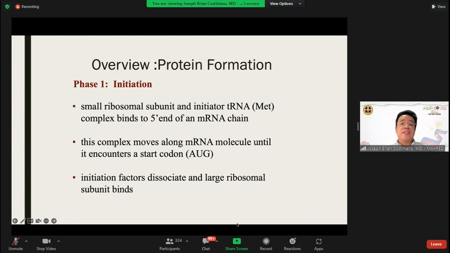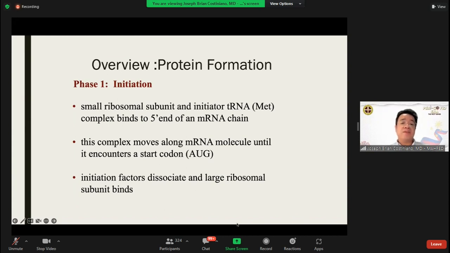And then this mRNA molecule will move until it encounters a start codon. Your start codon is AUG, and AUG also codes for methionine, Met. Once it encounters a start codon, it will start encoding your protein, one amino acid at a time.